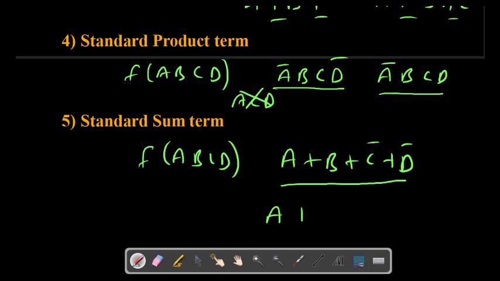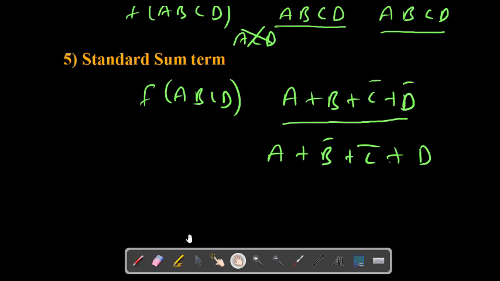Here is also one example. But in this one, A or B or D or D bar, C is missing, so this is not a standard sum term.